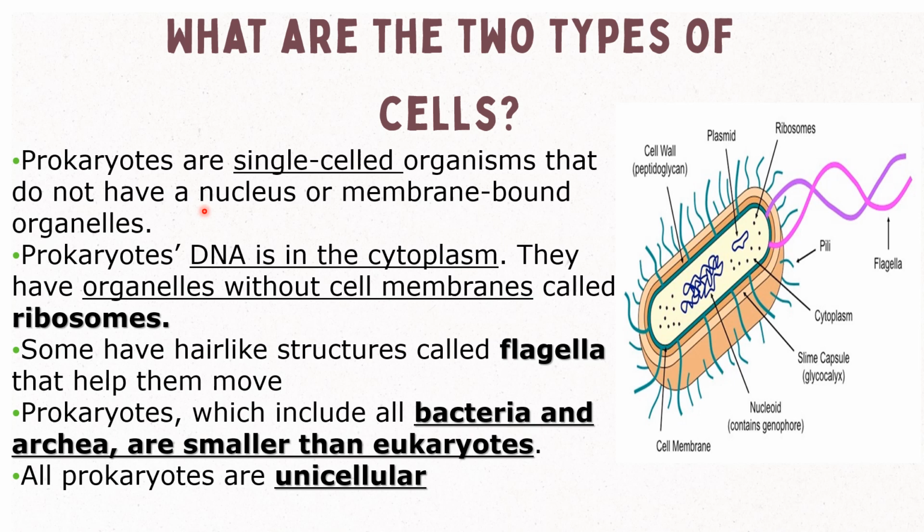So what do prokaryotes have? Prokaryotes have DNA in the cytoplasm. We all know that the nucleus contains the DNA, but in prokaryotes, the DNA is located in the cytoplasm.